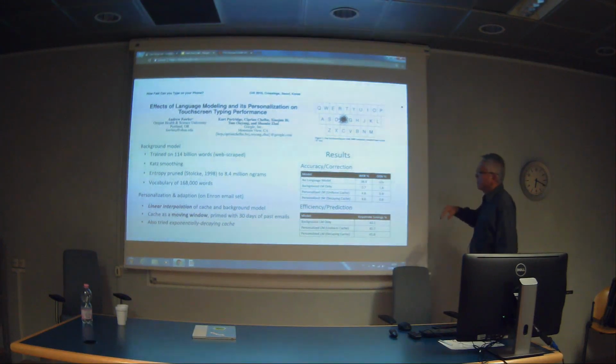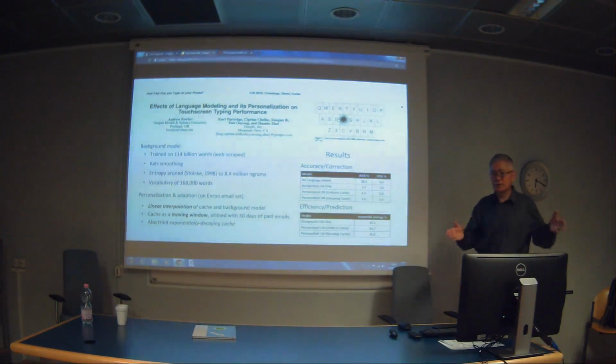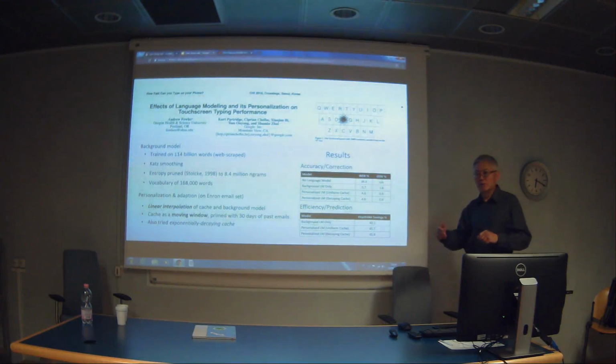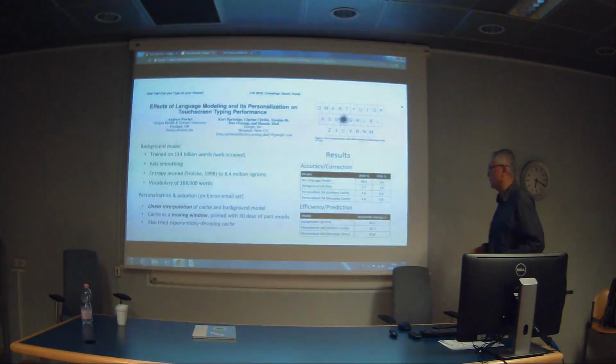Then if you apply personalization, that gives another about 10% relative error reduction, another about 1% absolute reduction. This personalization simply means a cache model trained on 30 days of the user's email, blended with the base model at a certain lambda value, somewhat arbitrary, that was also optimized for the data set.